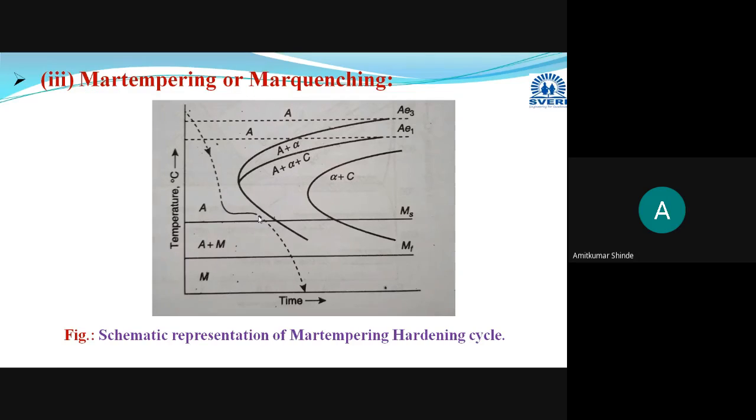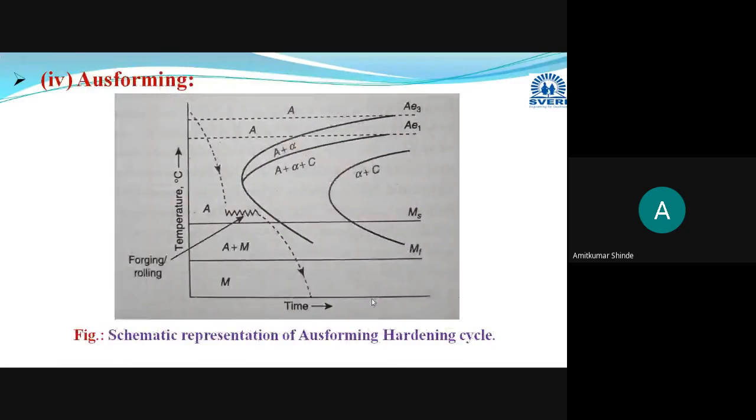Then after this mar tempering process, the next hardening is the os forming process. Os forming is a very similar hardening process as compared to the mar tempering process, just a little bit of difference is there.